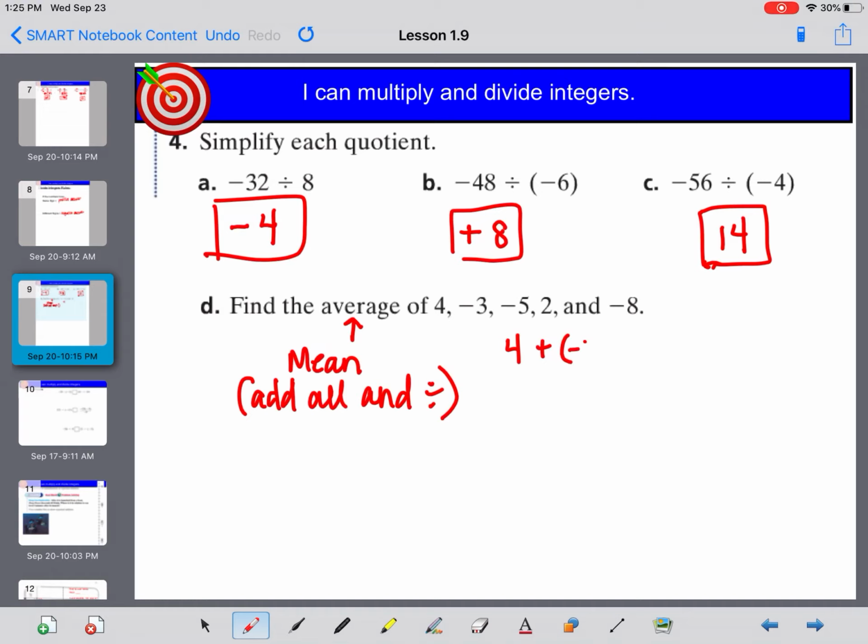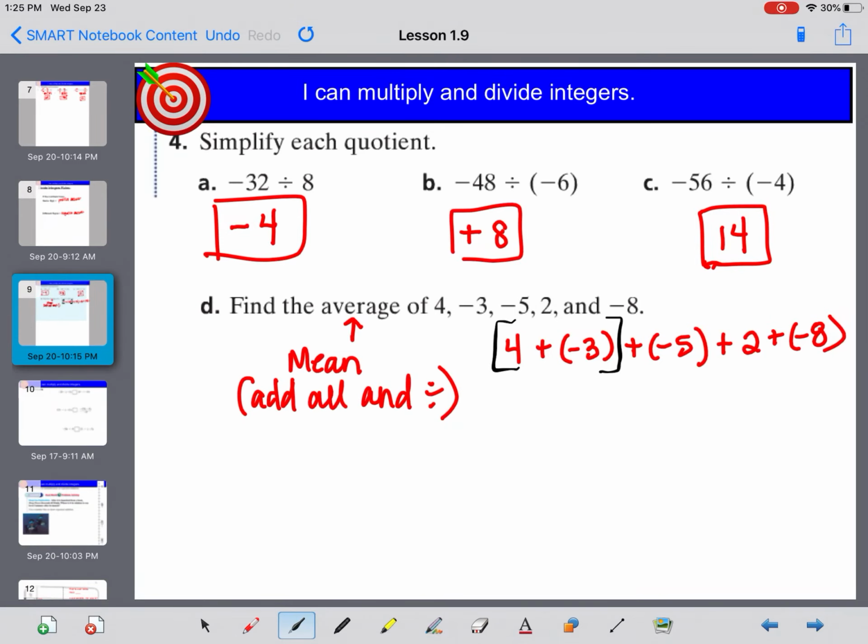4 plus negative 3 plus negative 5 plus 2 plus negative 8. Okay, giving this a try. 4 plus negative 3. Now you've got to remember the addition rules from the last couple lessons.